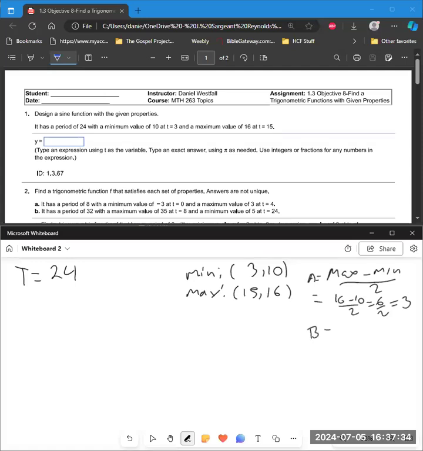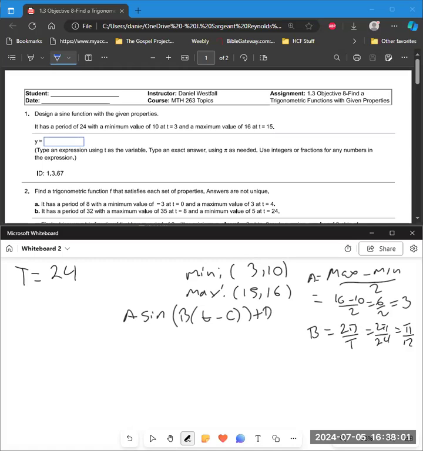Our B in our formula, I'm using A, B, and C: A sine of B times (t minus C) plus D, like that. B is going to be 2 pi over our period, so that's going to be pi over 12.